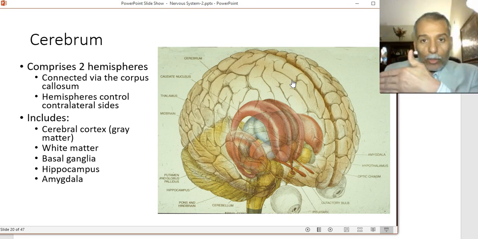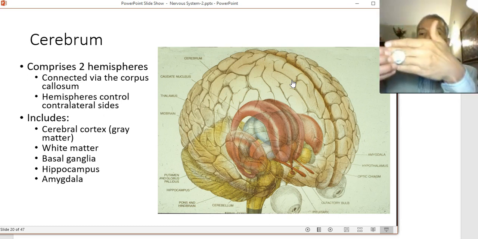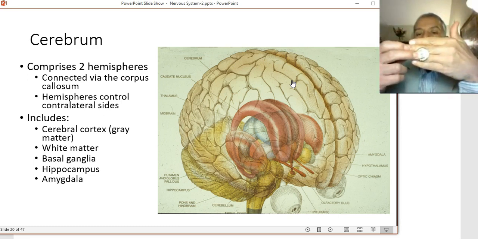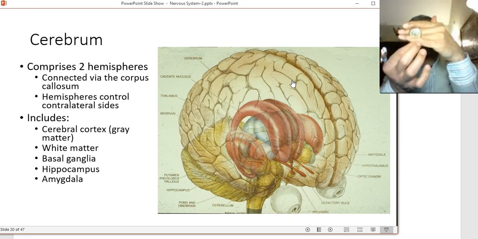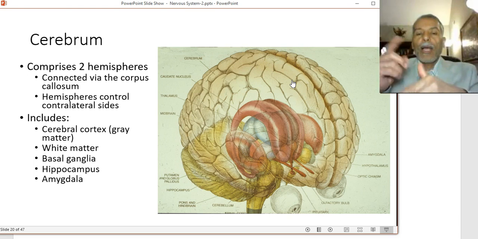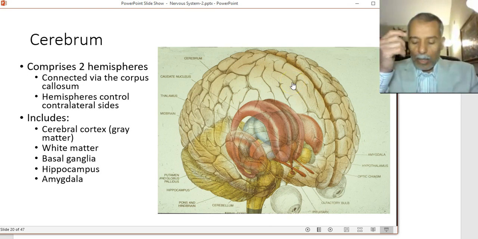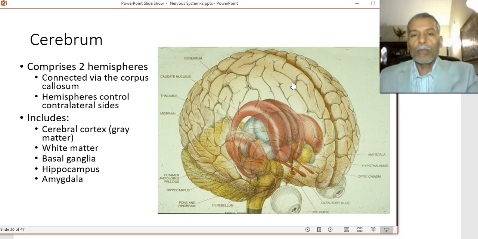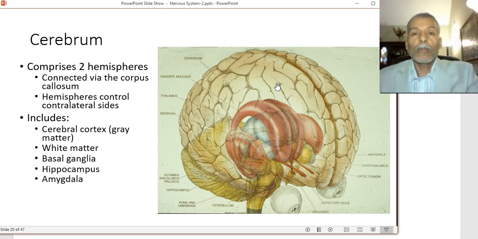Most of the cell bodies of neurons reside on the cerebral cortex. Most of the cell bodies. And then they send their little axons down, and the axons are insulated with white fat. That wrapping around the axons is called myelin, and it is white.